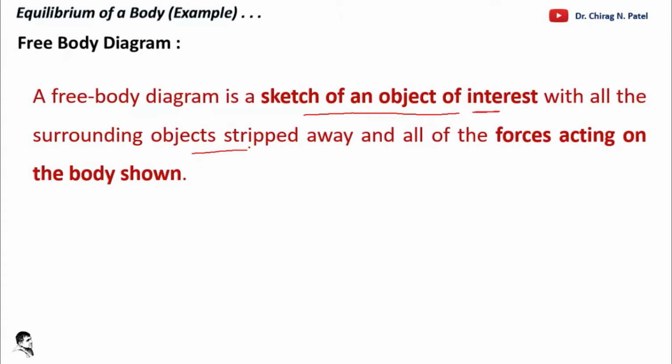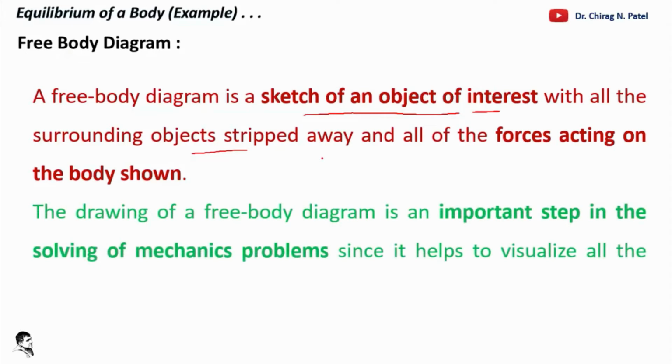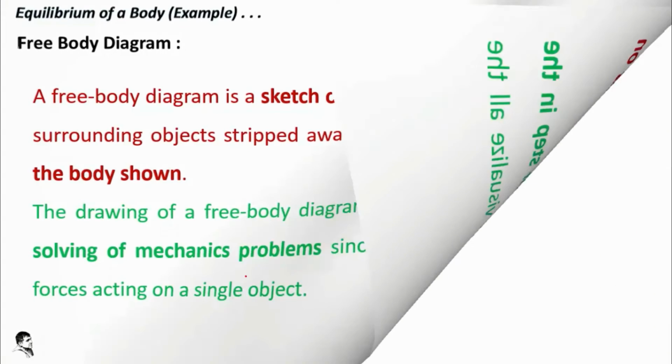The surrounding objects are not required, so you leave them, and you can show a complete and easy diagram to resolve the forces. In other words, the free body diagram is an important step in solving a mechanics problem, since it helps to visualize all the forces acting on a single object. It is nothing but a conversion from a realistic problem to a simple form.